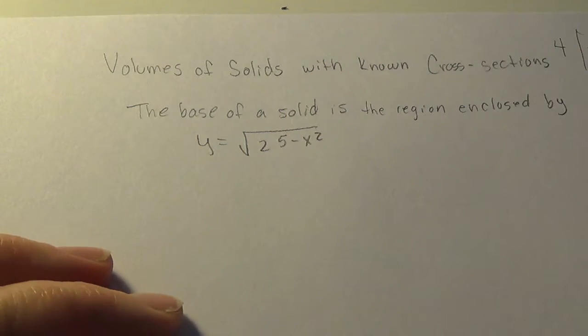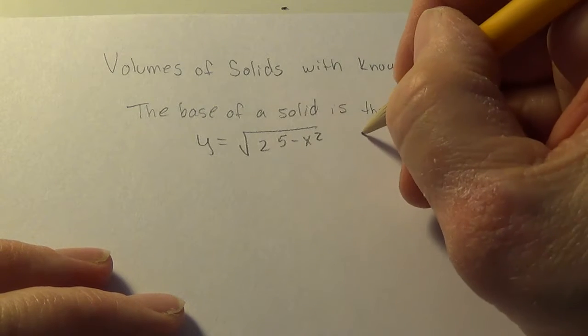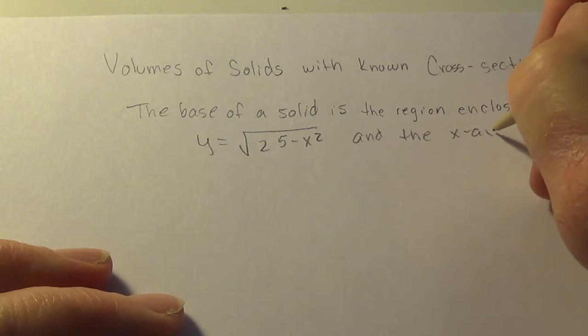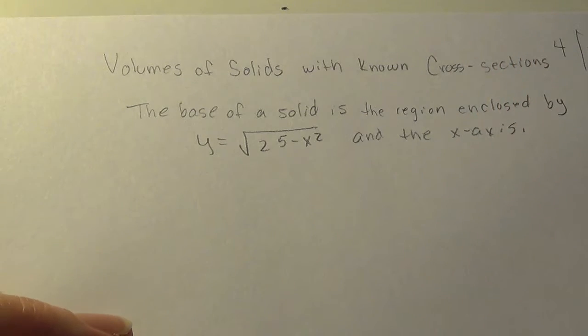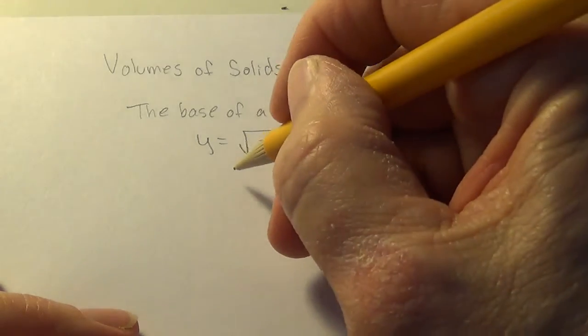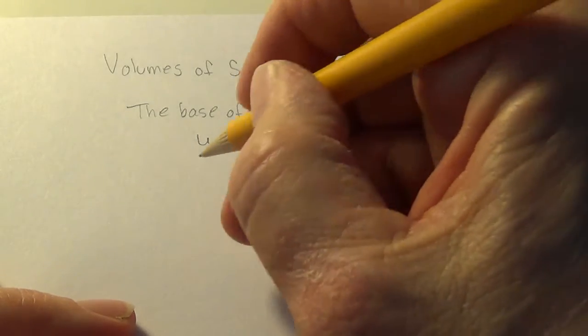Hopefully you can recognize what kind of figure that is. And the x-axis. Cross-sections perpendicular to the x-axis are squares.